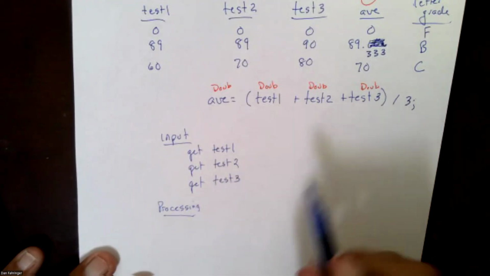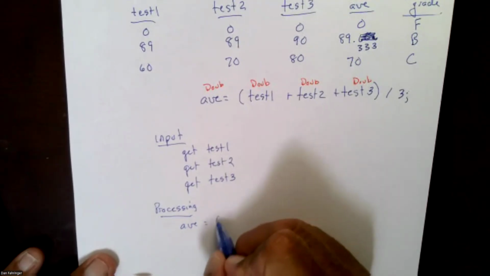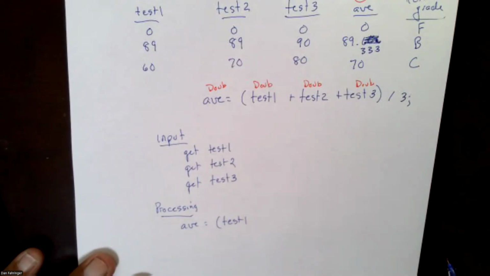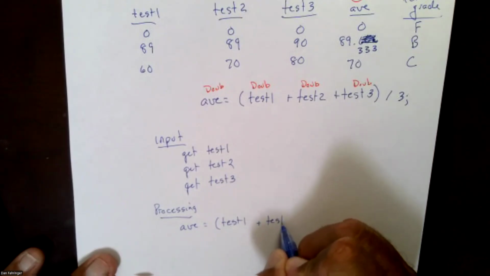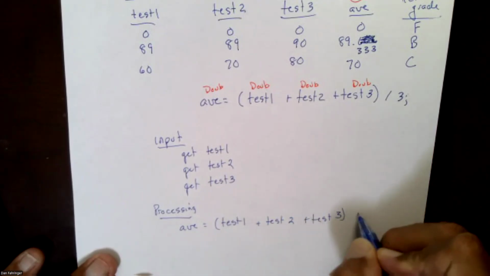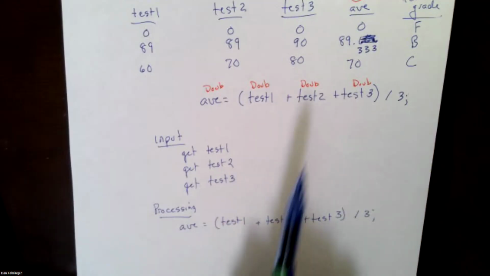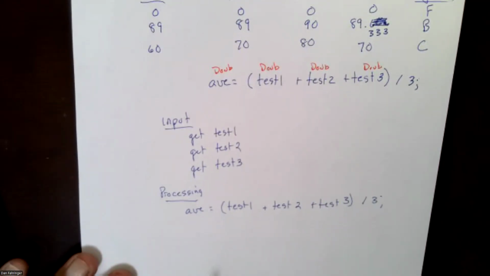Well, when I was doing all this work up here, I hit this. Average equals test 1 plus test 2 plus test 3 divided by 3. I didn't type it all yet because the typing part's easy, unless you skip this step. And my data types are all good. The doubles, the integers, whatever I want to use, I'm good.